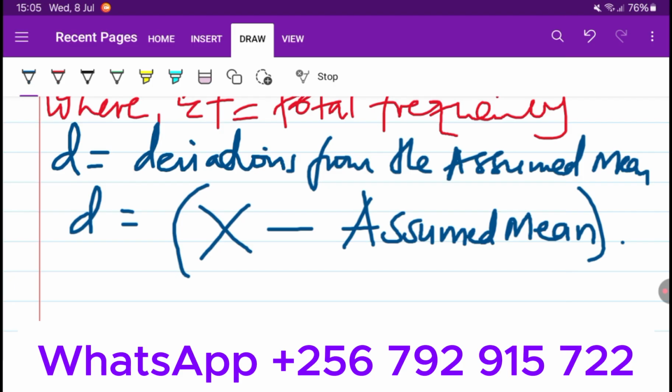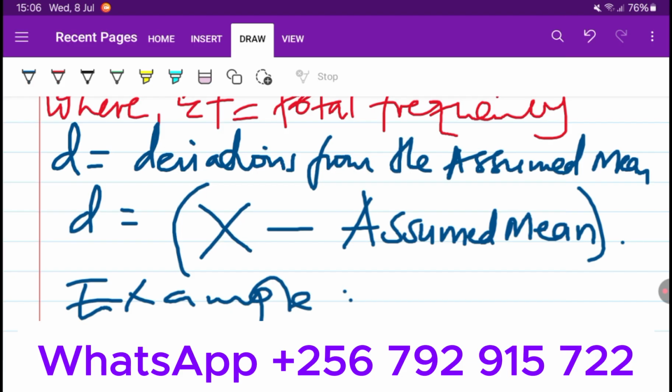So let's look at a simulation. We get an example and then we try to solve and see what we can have.